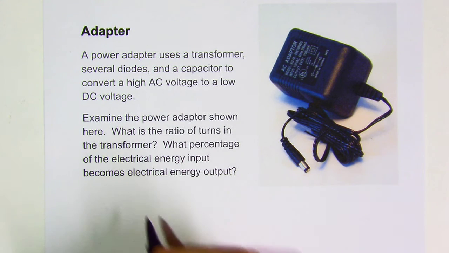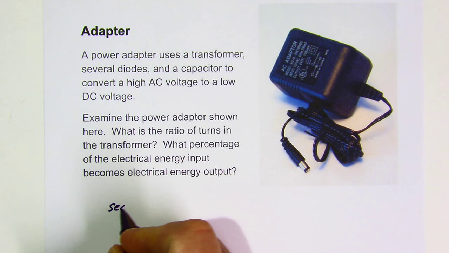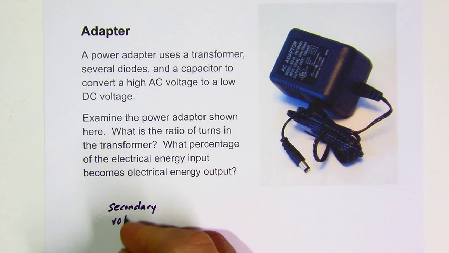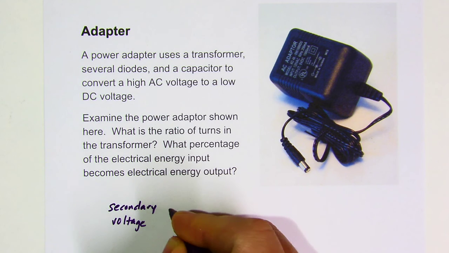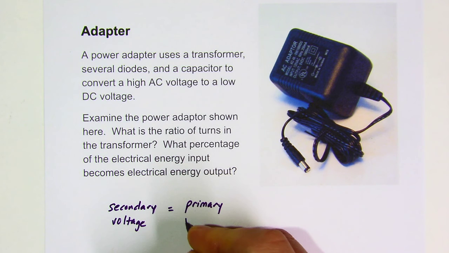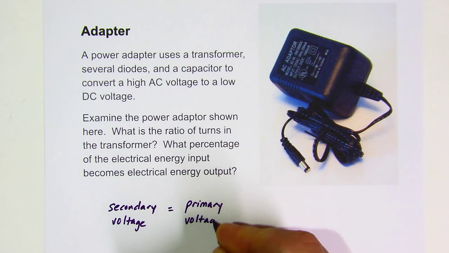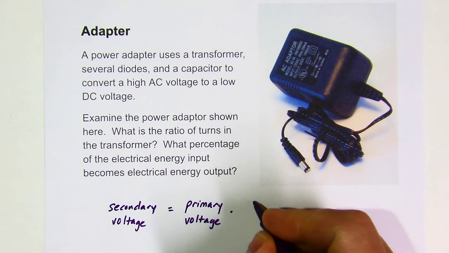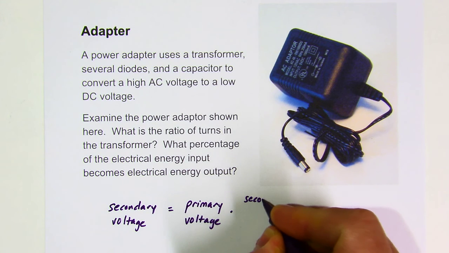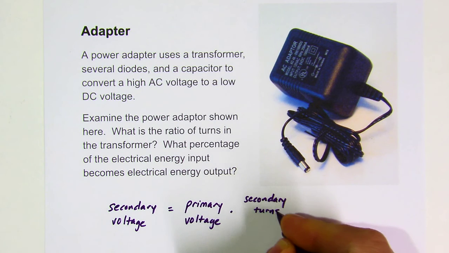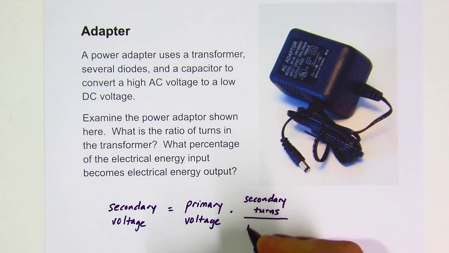Previously, we've said that the voltage on the secondary side of a transformer is equal to the voltage on the primary side of the transformer times the ratio of the number of turns on the secondary side to the number of turns on the primary side.